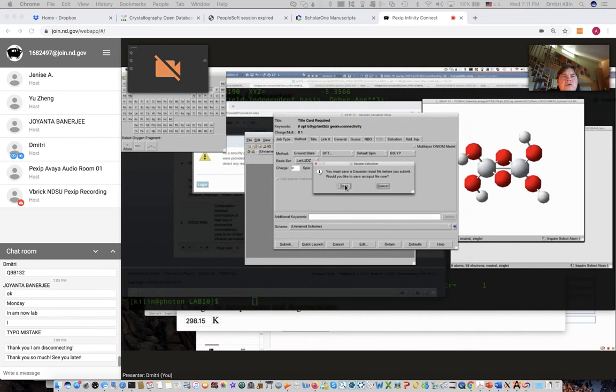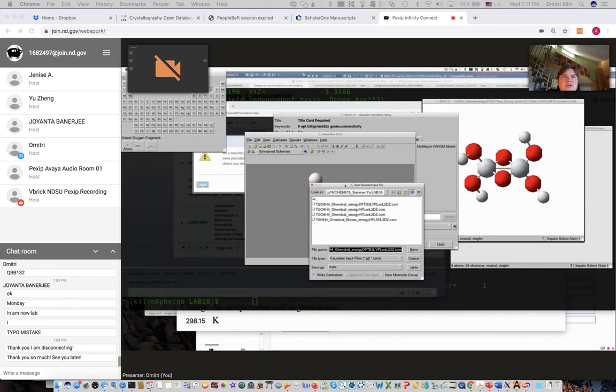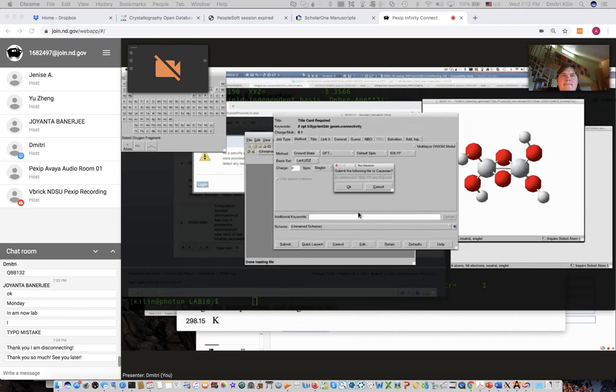No. So I will add the word, instead of energy, I will type optimization. Optimize. Save. Submit to Gaussian.